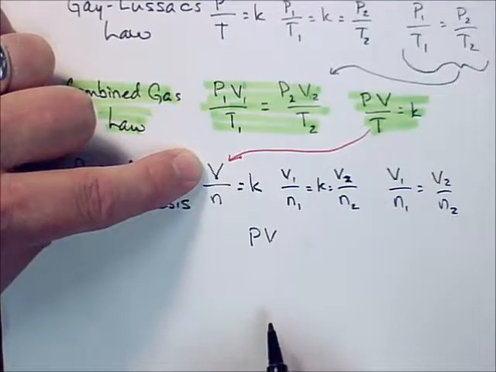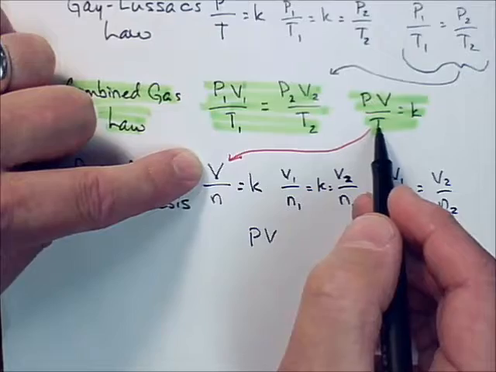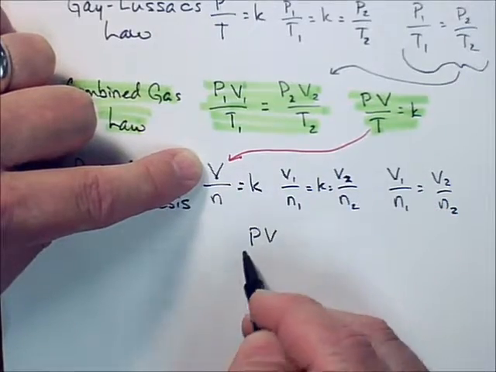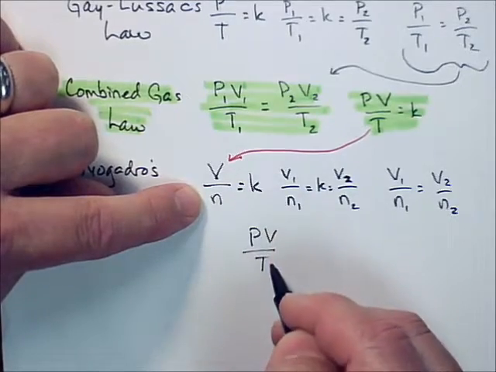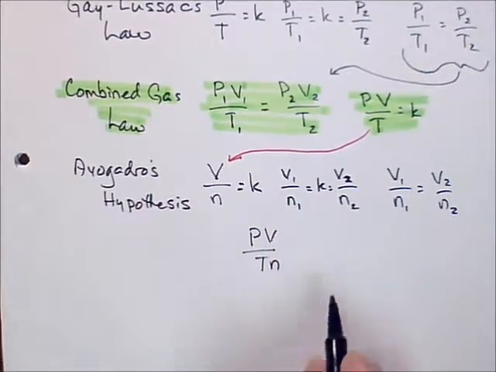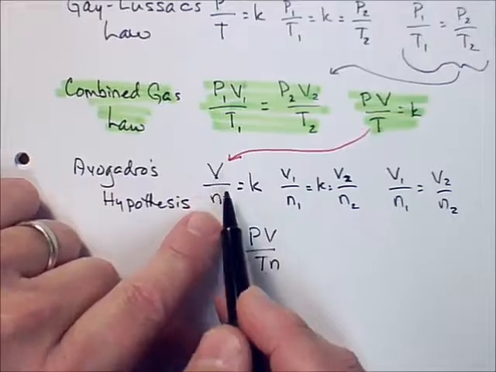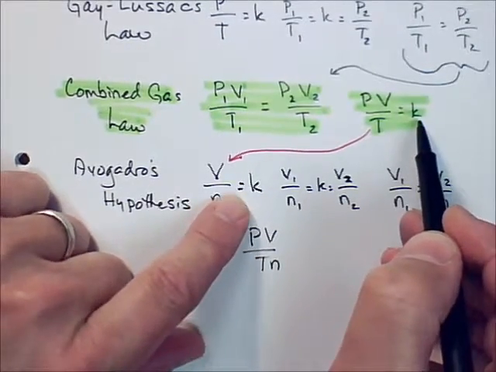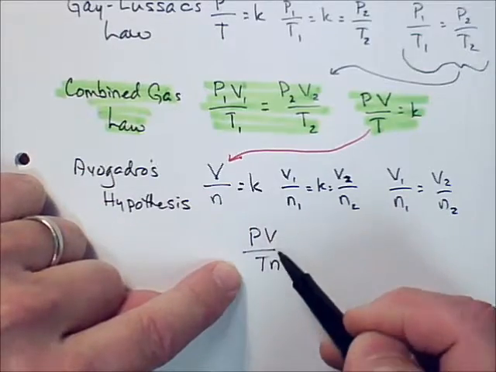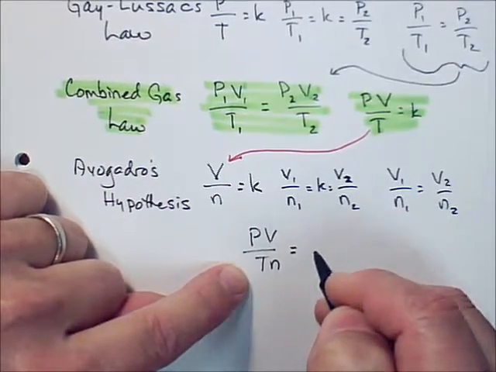I'm not going to restate volume here, but I'm also going to put this over temperature as I have it in this, and I'm going to put this volume over number of moles here. Well, if this relationship equals a K and this relationship equals a constant, then the combination of these relationships is going to give us a new constant.